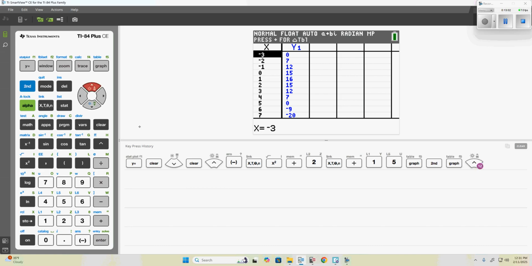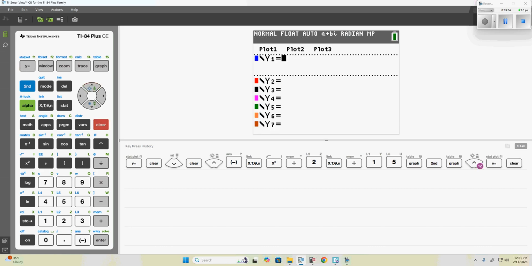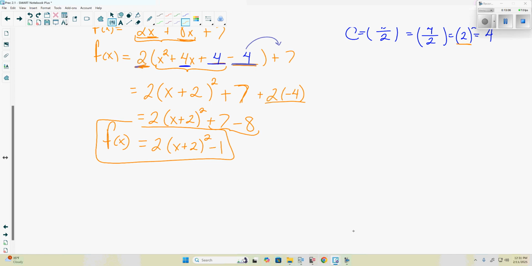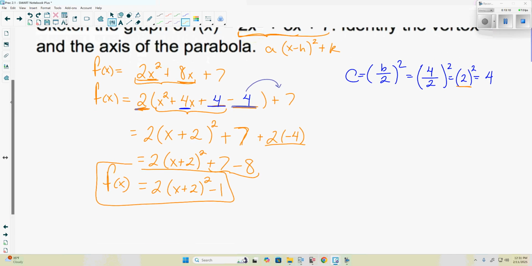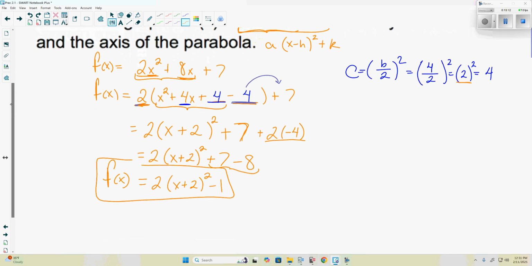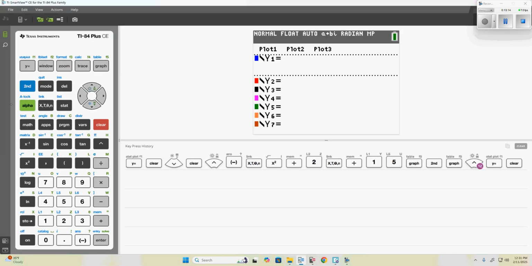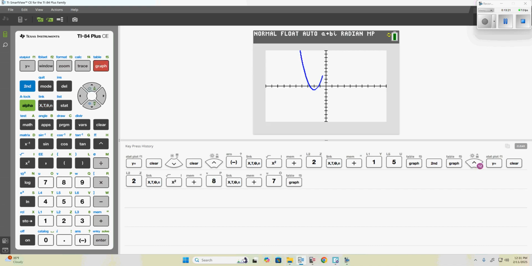Now there is a way to make sure that this is the correct function. Now they told us the function to begin with was 2x squared plus 8x plus 7. So I can come over here in the graphing calculator and do 2x squared plus 8x plus 7 and tell it to graph it. We get this here.